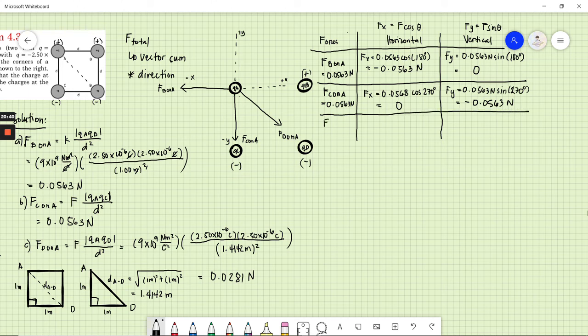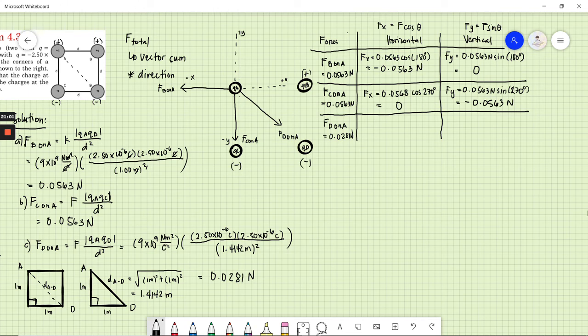Now let's try to find the components of our FD on A. We know that our FD on A is 0.0281 newtons. And if you look here, unfortunately for us, it's not directly in any of the axes.